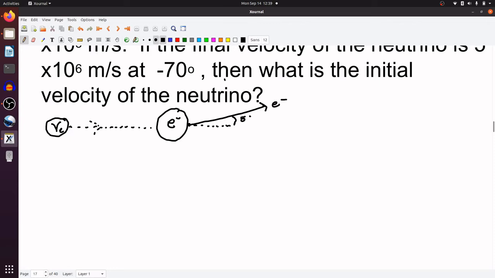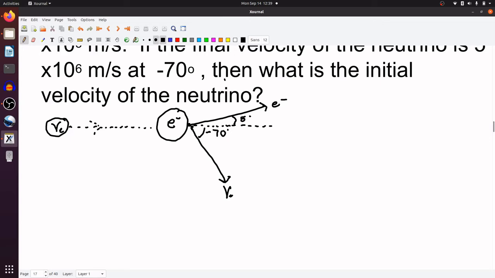So this will be my electron, and the neutrino, sorry about that, is going to move off at a much larger angle. Oh wait, we represent this by straight lines. There we are. At -70 degrees. Okay, and this is my neutrino.